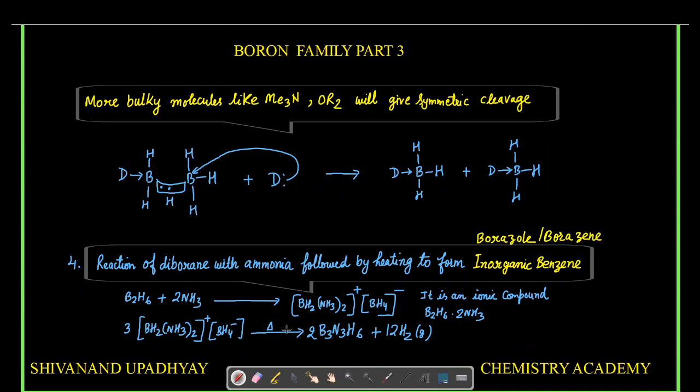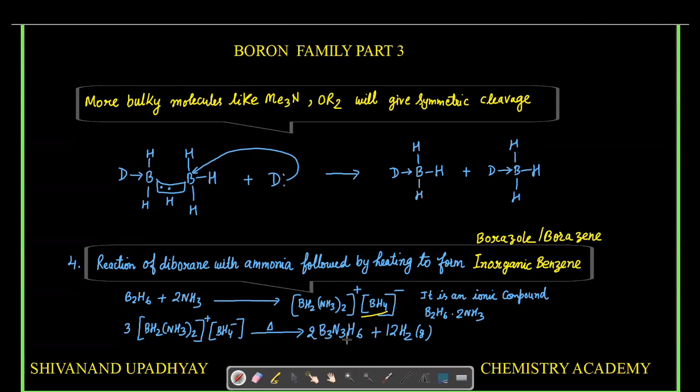और अगर हम इसको हीट करते हैं तो from 3 molecules of this ionic compound there is removal of hydrogen gas and there is formation of inorganic benzene. ये बेंजीन जैसा एरोमेटिक होता है, प्लेनर होता है, थोड़ा सा ये पोलर होता है. बोरोन नाइट्रोजन की इलेक्ट्रोनेगेटिविटी डिफरेंट है इसलिए ये पोलर होता है.